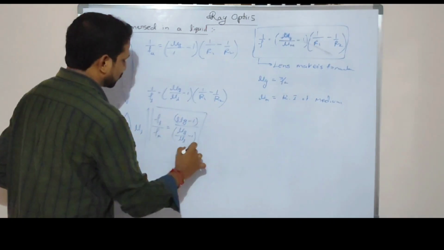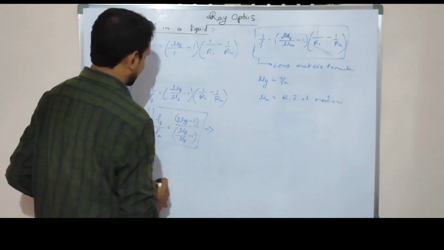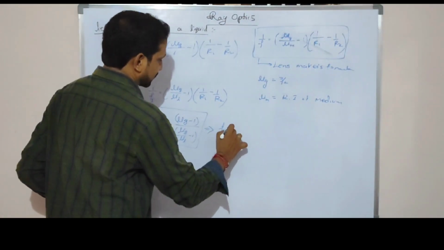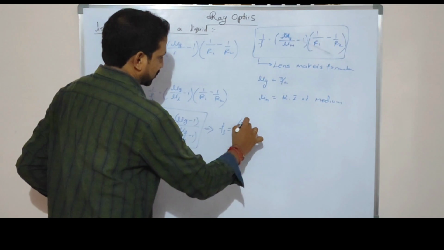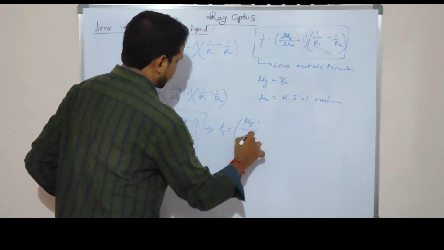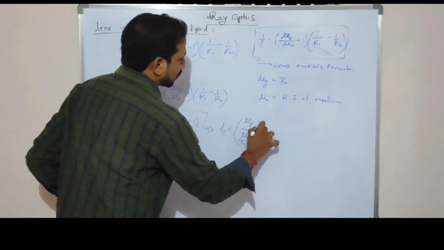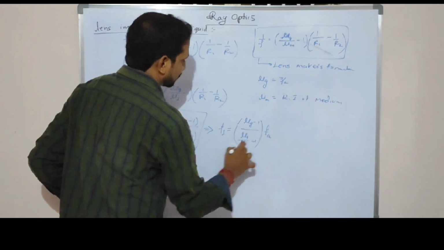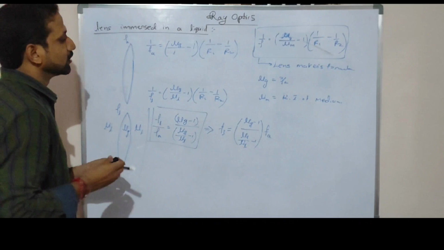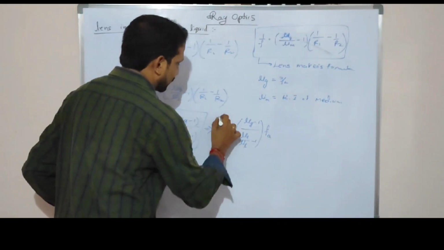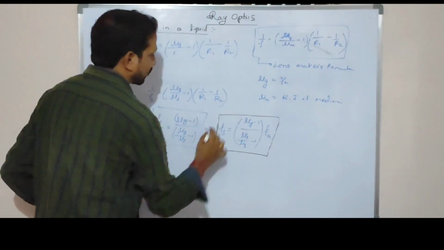This is the formula finally. From here you can rewrite the focal length in liquid equals mu g minus 1 divided by mu g by mu l minus 1, whole multiplied with the focal length in air. This is the final formula, and problems will be asked based on this.